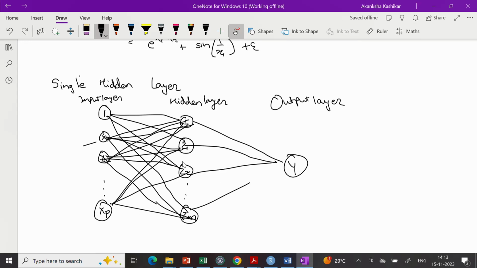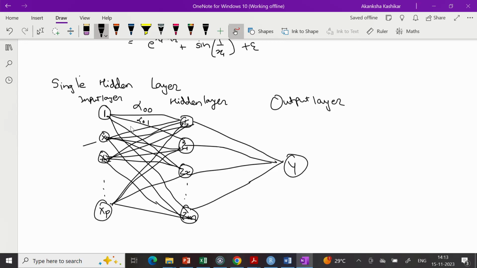Now connected means what? Connected means we will have some weights and some functions will be applied. The weight of this constant we will denote by alpha naught naught. Then the weight of this constant to z1 I will denote by alpha naught 1.